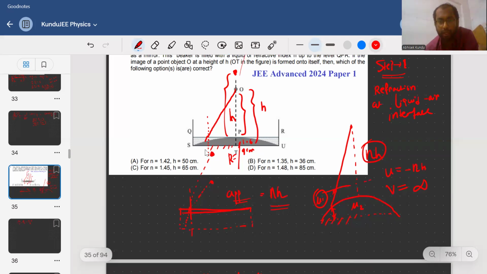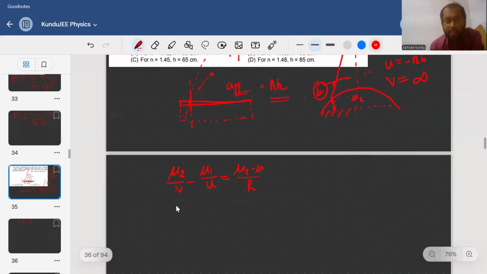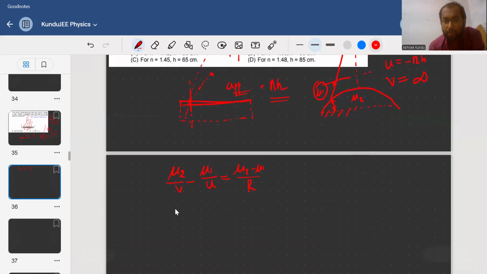So here we can write that mu2 is basically the refractive index of the lens, 1.6, but the image will be formed at infinity only. V minus mu1. Mu1 is n, the refractive index of the liquid, and u is minus n into h, the distance of the object after the first refraction. Mu2 is 1.6 minus mu1 which is n. What is R?